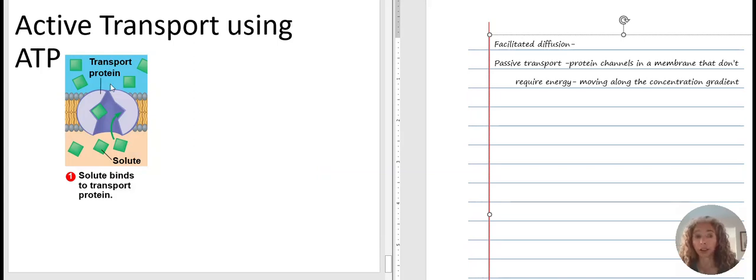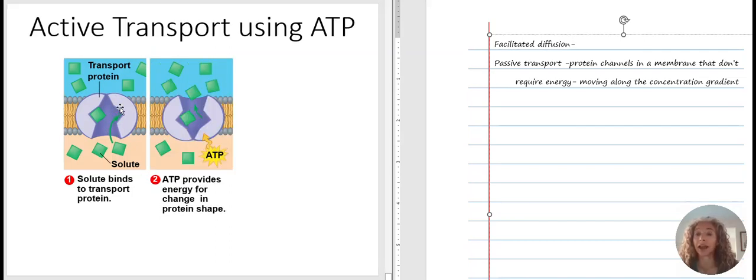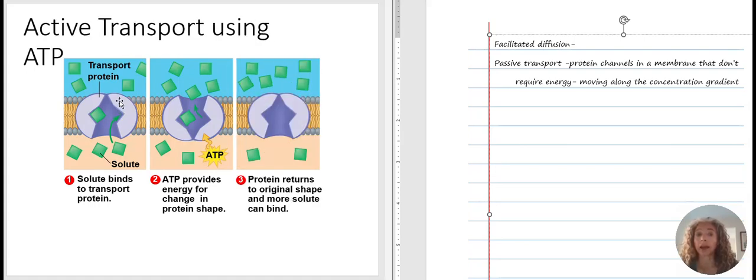And so you have your transport protein, and the solutes can bind to that transport protein, and then energy allows that protein to open and expel its contents on the other side of the membrane. And then it will return to its other shape.